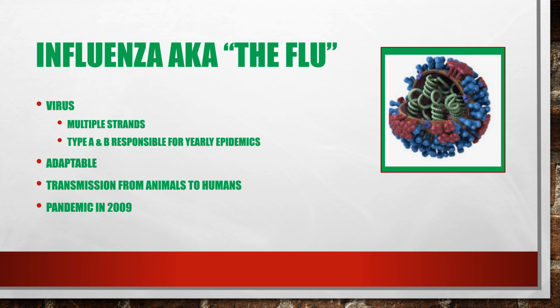We will begin with discussing influenza, also known as the flu. This is a virus, and a virus is a type of infectious agent that needs a host in order to spread.